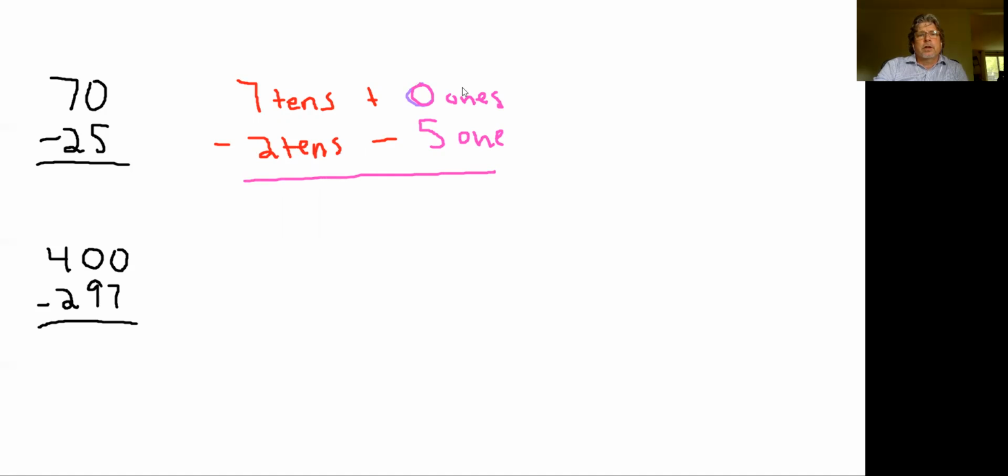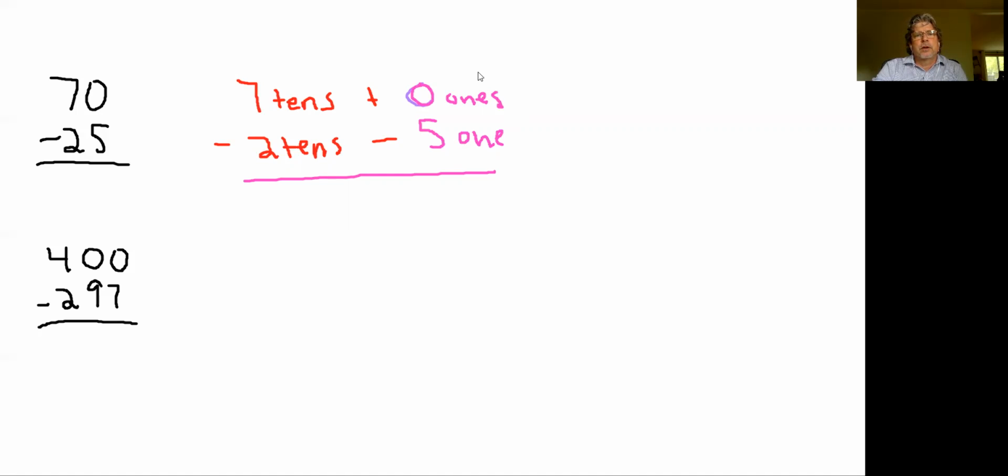So one way of looking at this is you could say, 7 tens take away 2 tens is 5 tens, but then you still got to take away 5 ones. And that gets a little bit confusing. So to keep it simple, as we do in our addition problems and subtraction problems, it's really better to start in the ones place.